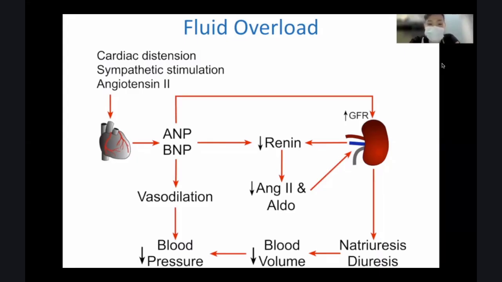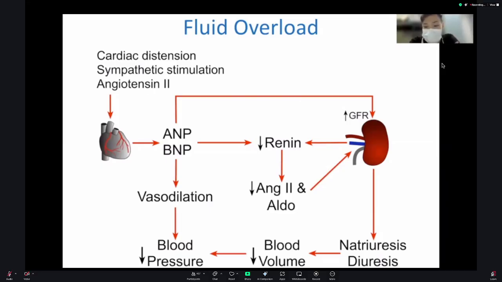ANP and BNP, okay, the opposite of your RAA. There will be a decrease in renin, decreased angiotensin 2, decreased aldosterone, hence decrease in sodium reabsorption. There will also be a decrease in water reabsorption. There will be diuresis because of that.